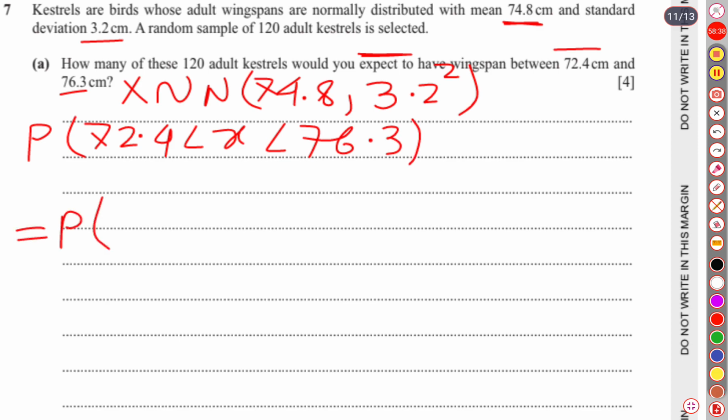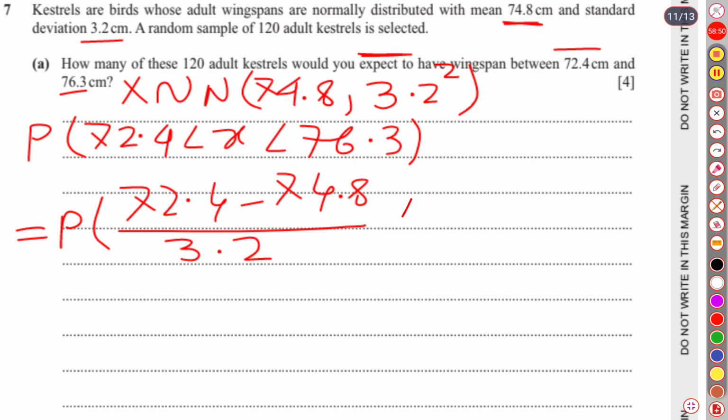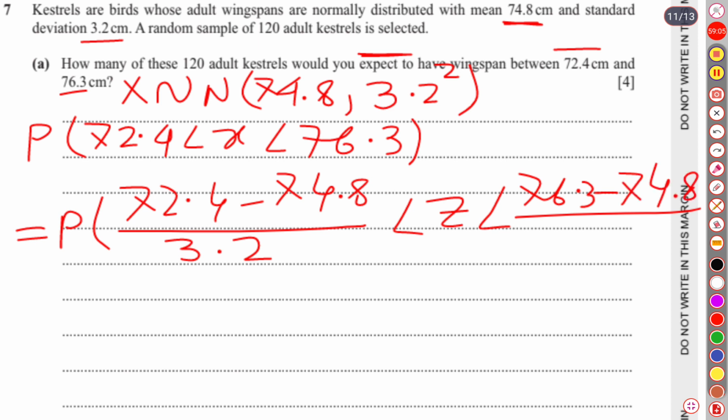If we standardize the score, z is x minus mean, which is 74.8, over standard deviation, which is 3.2. Then again for the second, it is 76.3 minus mean 74.8 over standard deviation 3.2.